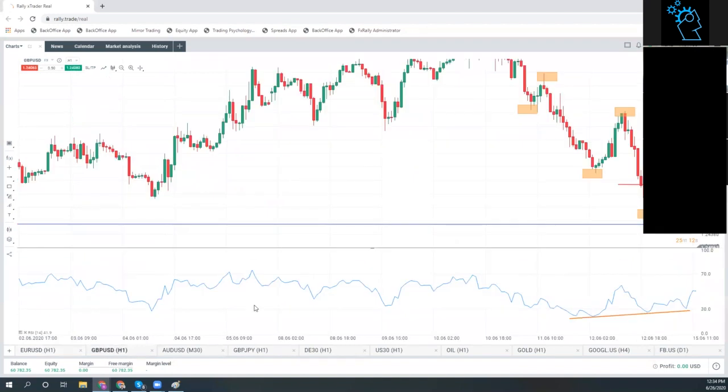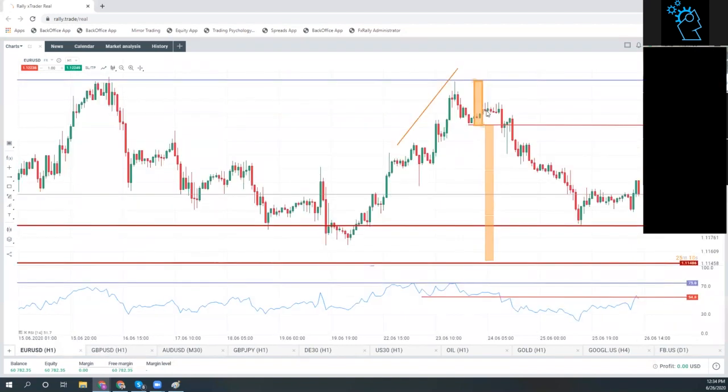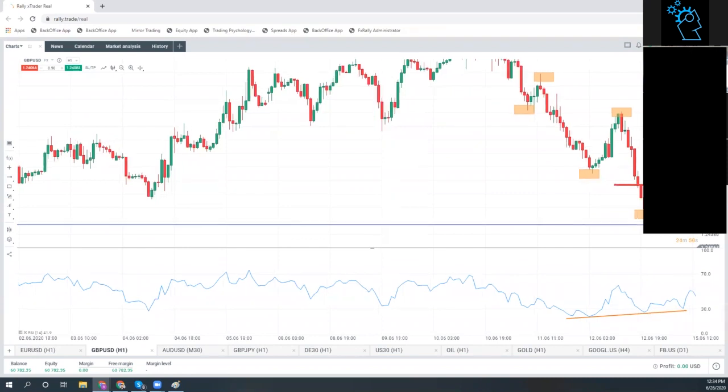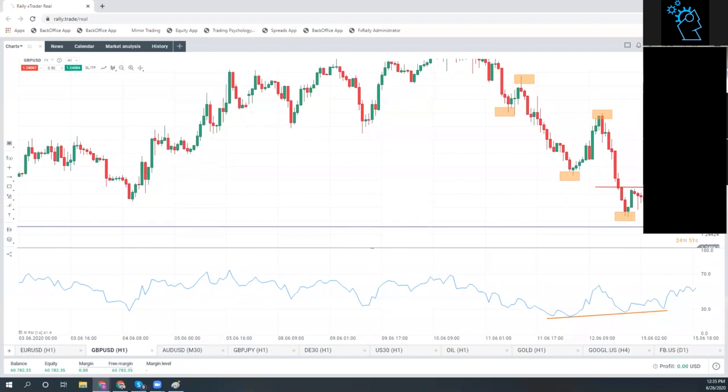So GBP/USD, this was the first one, the double top pattern, and this is the second one, which is the second pattern I was showing to you. Right now we have had the lower high broken, so it's an image in a mirror. Yeah, we have the lower high broken. We had another lower high, lower low here.